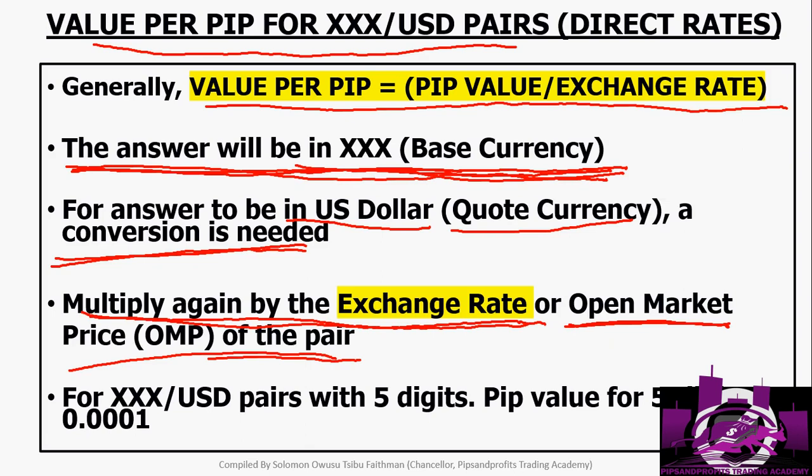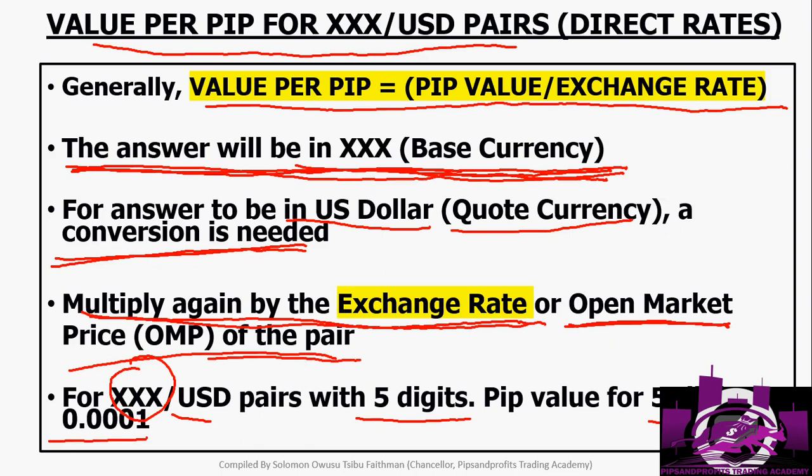Here, you multiply by the exchange rate or the open market price of the pair. Now, for a currency which is paired with the US dollar, if it has 5 digits, the pip value is always 0.0001.